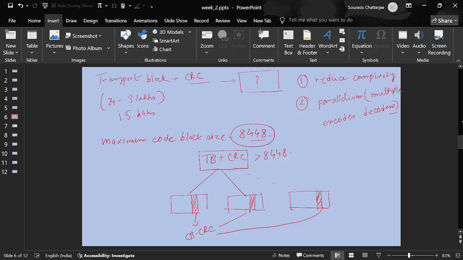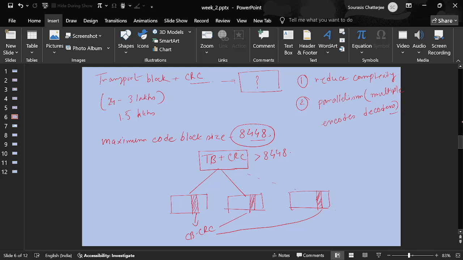Only that particular code block can be retransmitted, not the entire transport block. If the MAC layer can detect errors in code blocks, it can retransmit only that block.